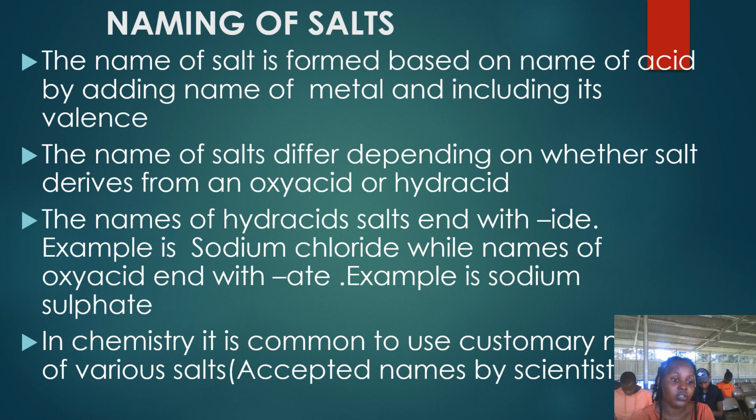Rule 4: for salts that contain a transition metal cation, which is a metal that can form ions with different charges, the charge of the cation is indicated using a Roman numeral in parentheses after the name of the metal.